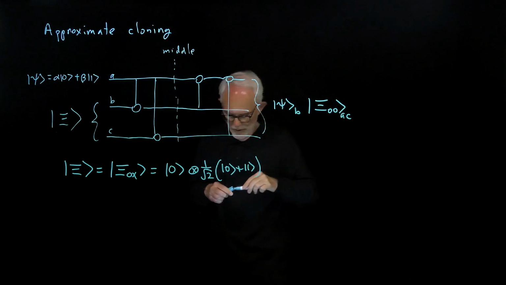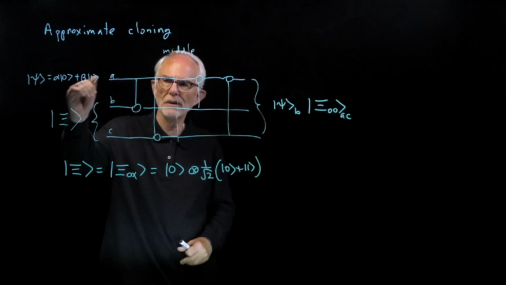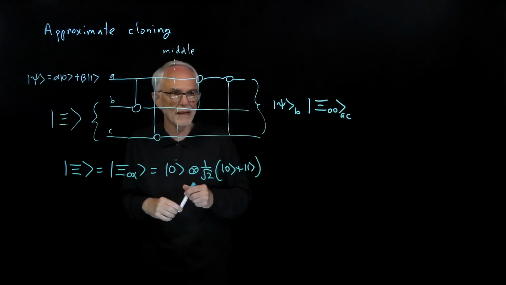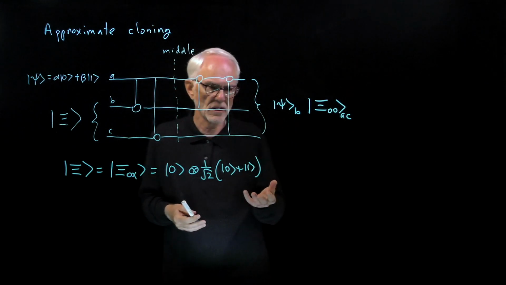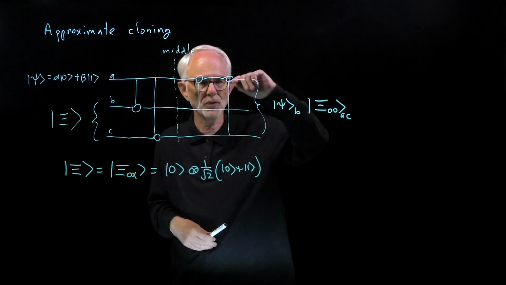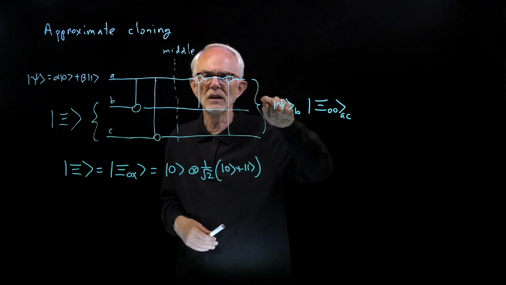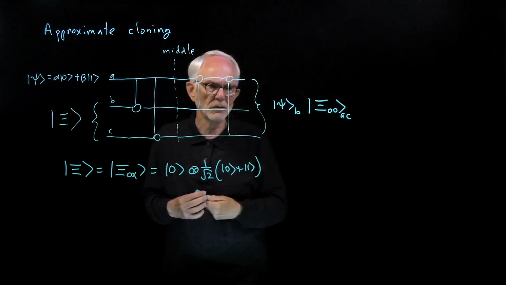So what's happened with this particular program state is that it's moved the quantum information from the A line down to the B line. That means that if I somehow put these two states together, the first one we looked at puts the quantum information out up here, and the one I have now puts the quantum information out in the B line.